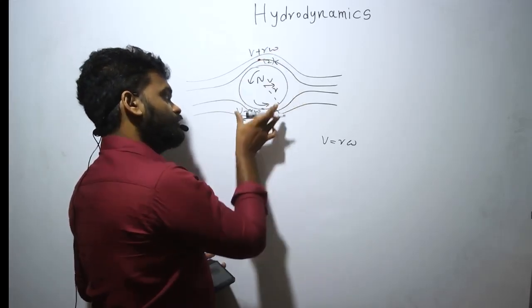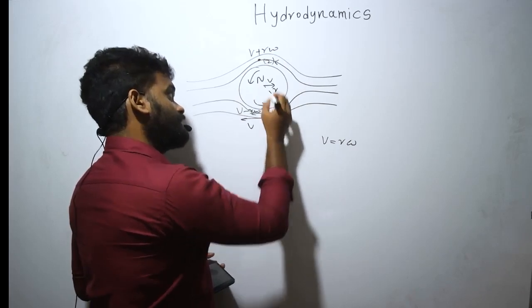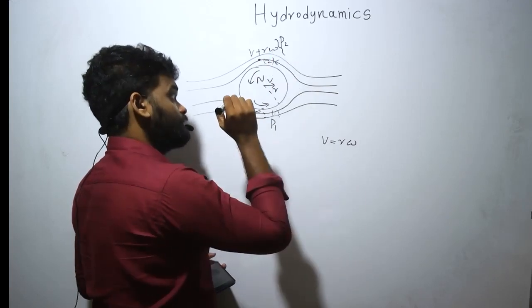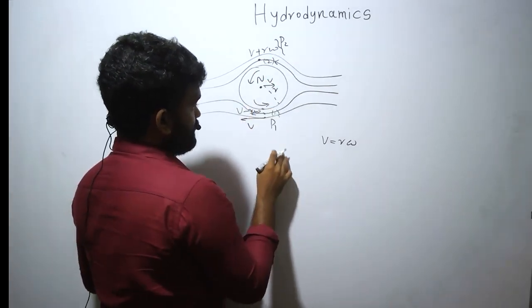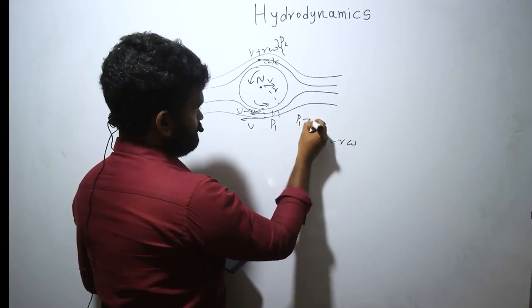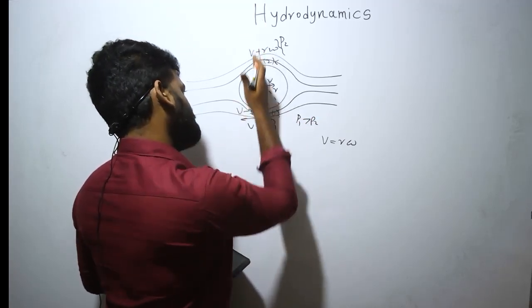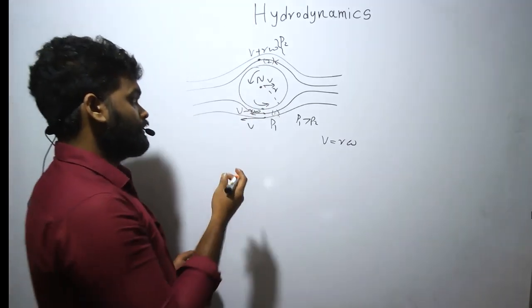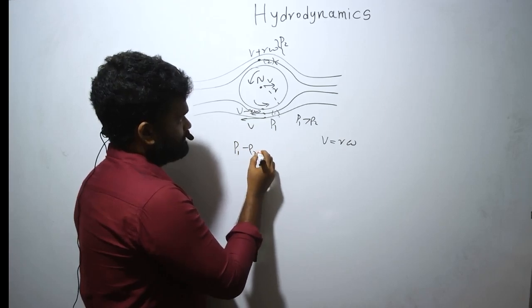If the velocity is low, you know that pressure is higher, right? Here the pressure is lower, high velocity. So what happens? High pressure, low pressure. So from here to here, there's going to be a force applied due to that pressure difference, right?